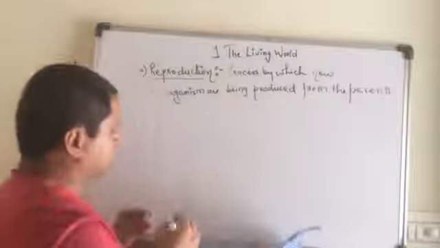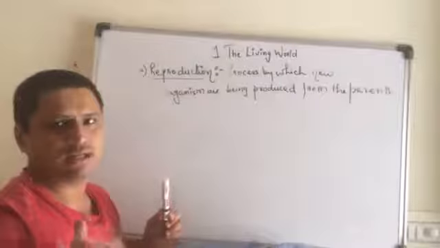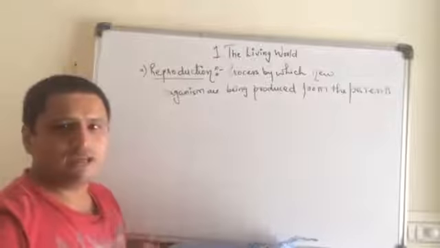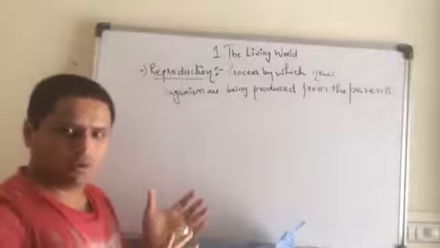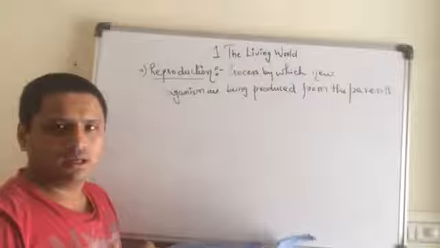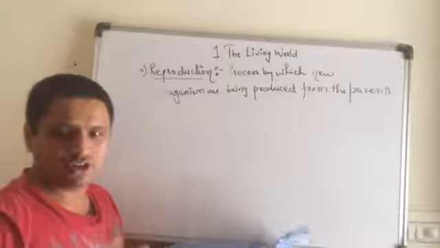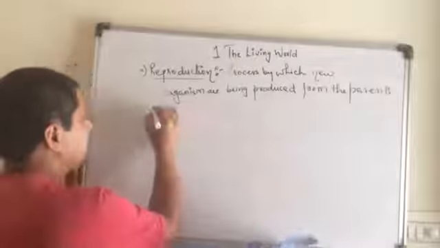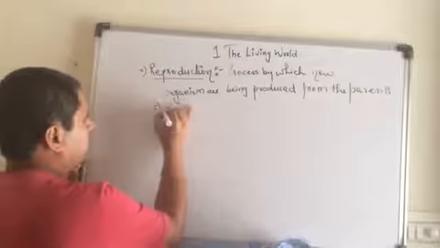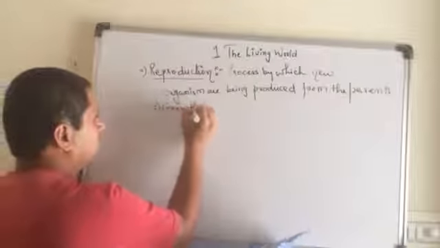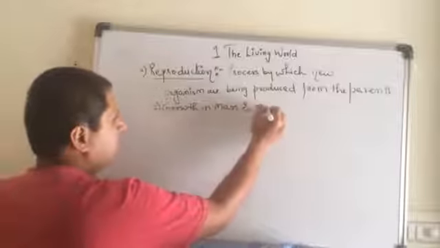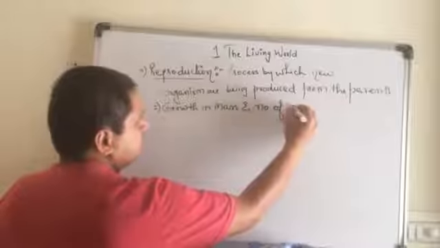Now, we have studied the types of reproduction, that is the asexual and the sexual reproduction, in the 10th standard. But if you want to look at a different perspective on the definition of reproduction, it is also defined as growth in mass and number of individuals.